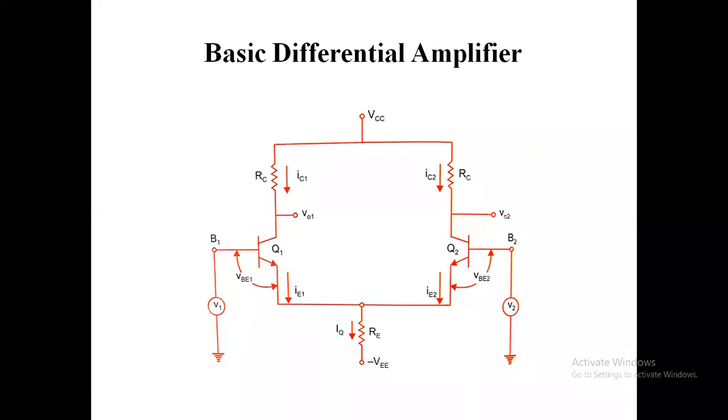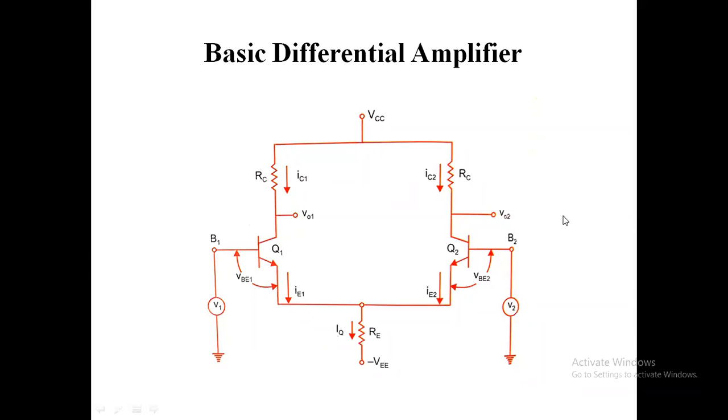It has two input terminals, B1 and B2. The terminal B2 is the inverting input terminal of Q2. Observe, this is the terminal B2. The Q2 transistor input terminal B2 is the inverting input terminal, providing a phase shift of 180 degrees for the output taken at the collector of Q2.